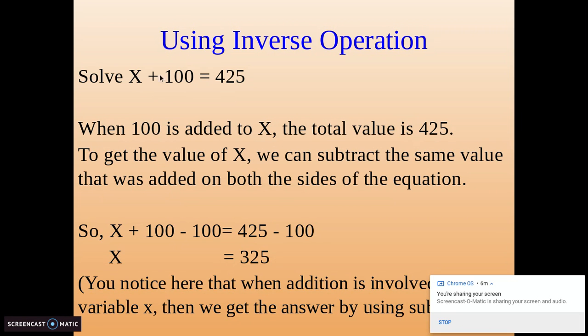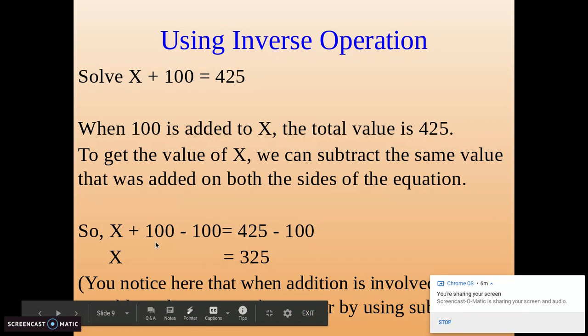If you're removing 100 from the left side of the equal sign, you have to do the same on the right-hand side of the equal sign. So this will look like: x plus 100 is equal to 425. Now we are subtracting 100 on both sides. On the left side, x plus 100 minus 100, both of them come to 0, and I prefer not to write that because we want only the value of the variable.